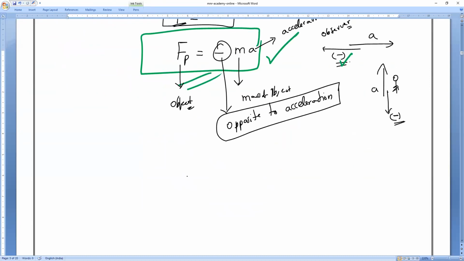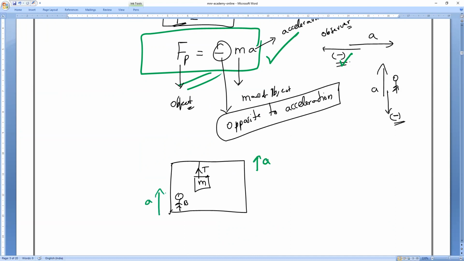Now let us discuss this. If we consider a lift, a non-inertial frame case, there is a lift with tension T in the string and mass M. The non-inertial frame means the observer is inside. As the lift acceleration is upward, the observer's acceleration is also upward.